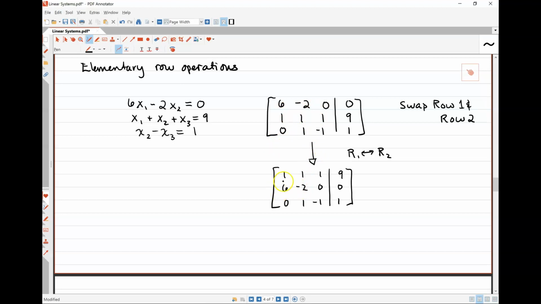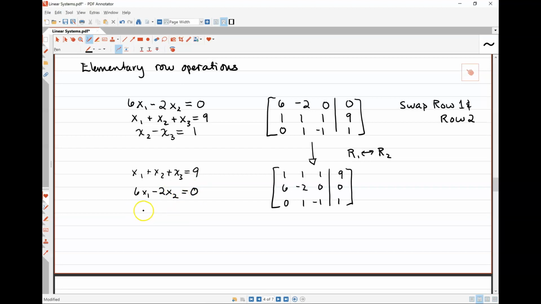And the corresponding linear system, if we read it off backwards here: this is the equation that has coefficients all equal to 1 and a right-hand side equal to 9, so it's x1 plus x2 plus x3 equals 9. The second one has coefficient 6 for x1, -2 for x2, and 0 for x3.